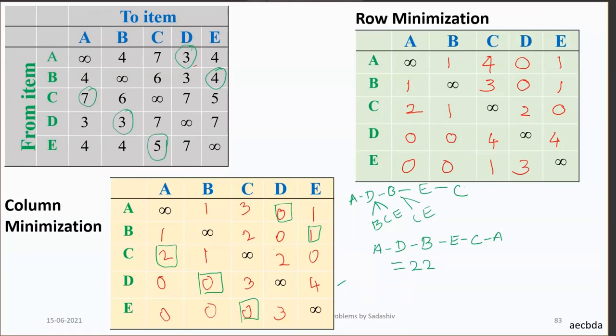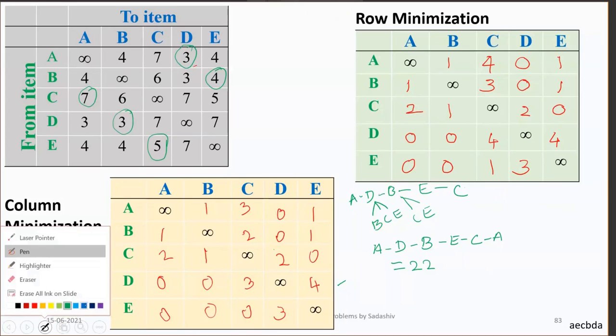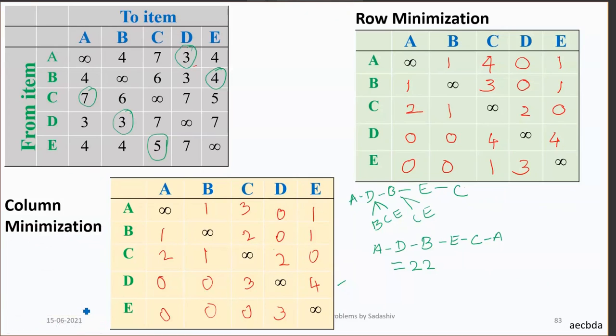The same way we need to check the different answers. Are there any other possibilities? Instead of this, we can go for another one, A to E. Instead of assigning A to D, if you assign A to E, after that he should not visit A, but he can visit all the other cities.